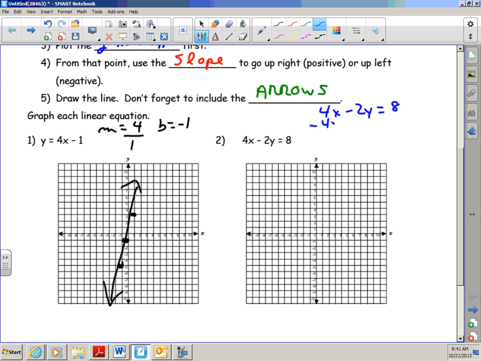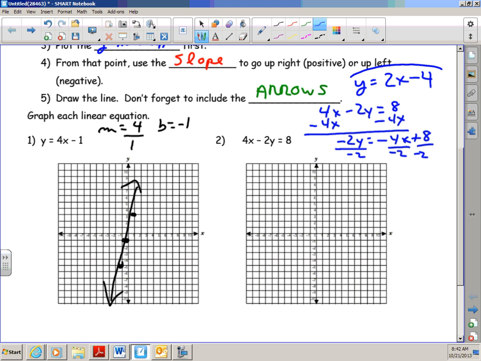This should be pretty straightforward now. You get negative 2y equals negative 4x plus 8. Dividing everything by negative 2, you'll get as your equation y equals 2x minus 4. So that's the equation I'm going to use to graph.